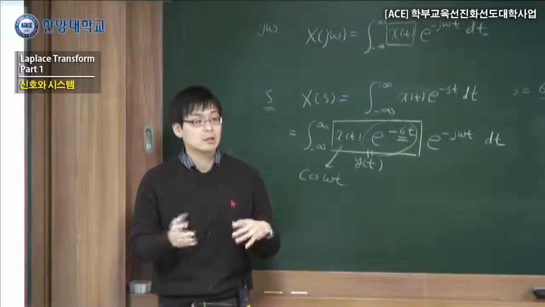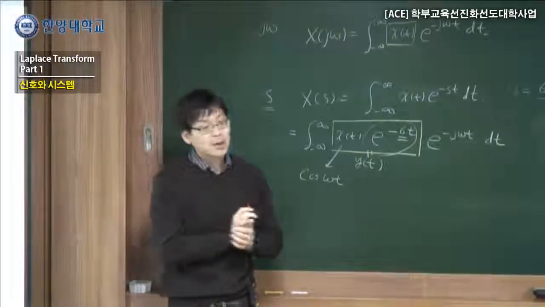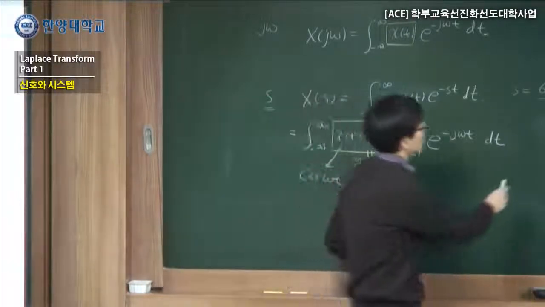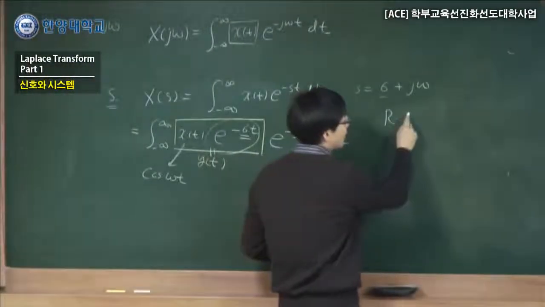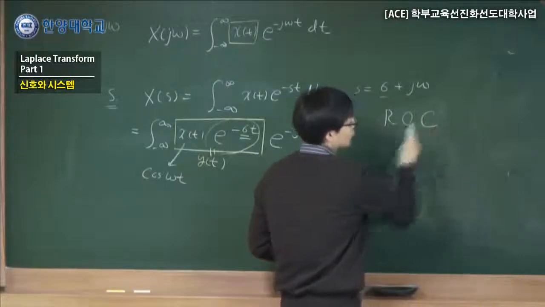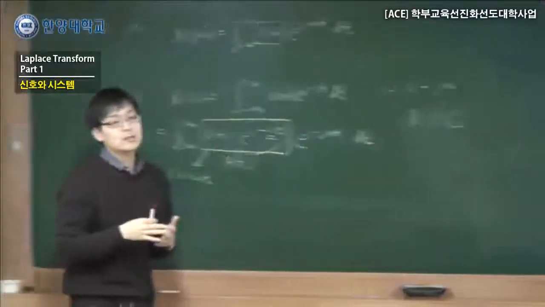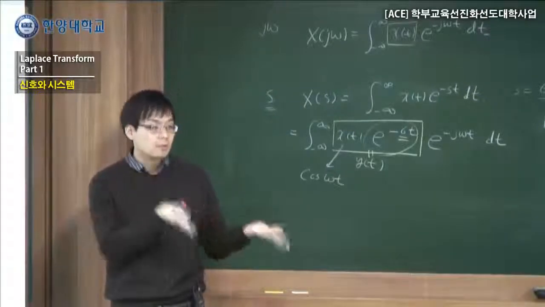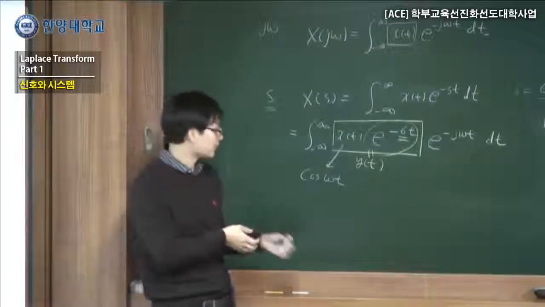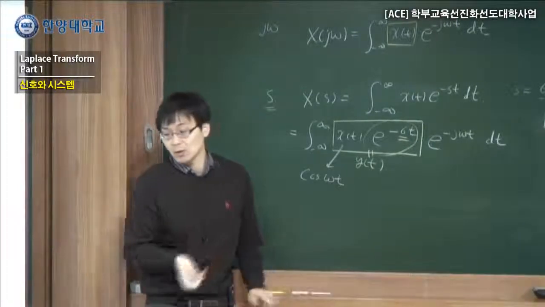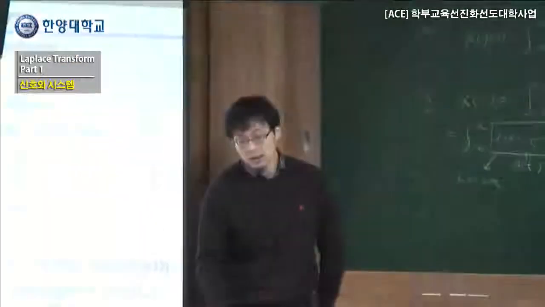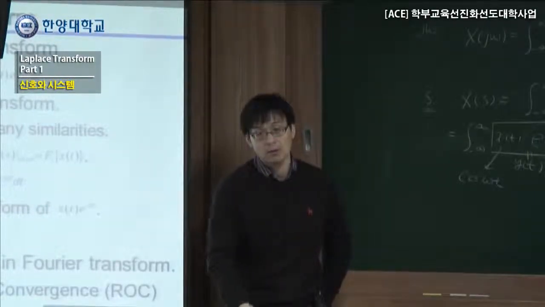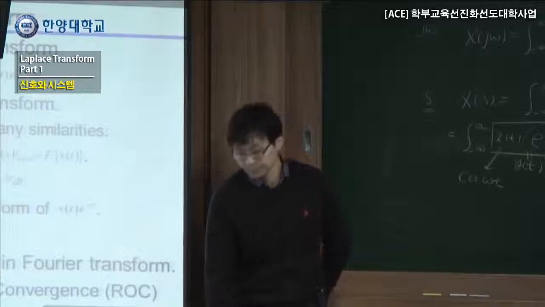They decide it. So we introduce a new concept that only exists in Laplace transform, called the region of convergence. Region is like an area, the area where the signal is convergent. So we call it ROC.